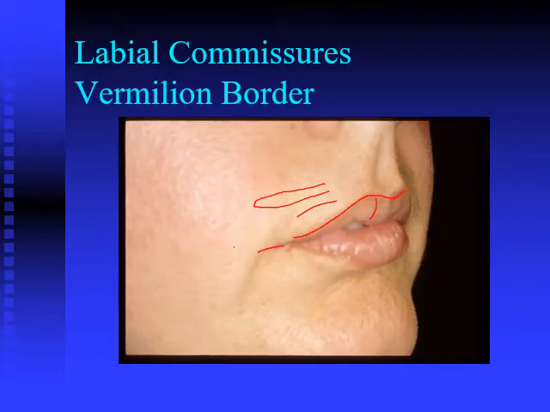There are two different definitions for the vermilion border. One, which is probably more currently held and more popular, is that the vermilion border is just the area where the skin and the mucosa of the lips make the transition. So that would be the red border. And anatomists will sometimes refer to the vermilion border as the area that would be occupied by, or worn by, lipstick.